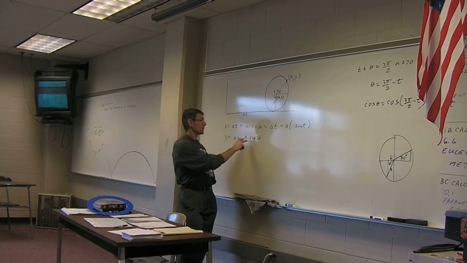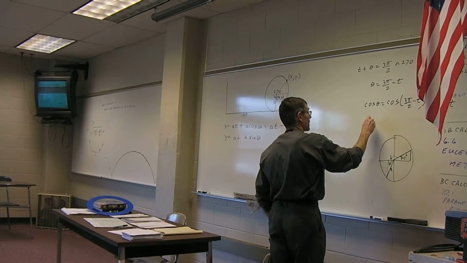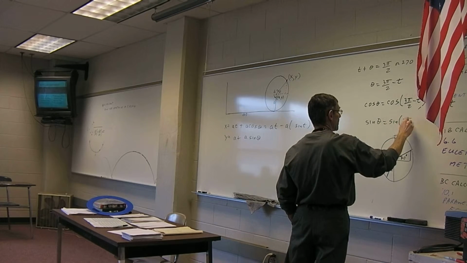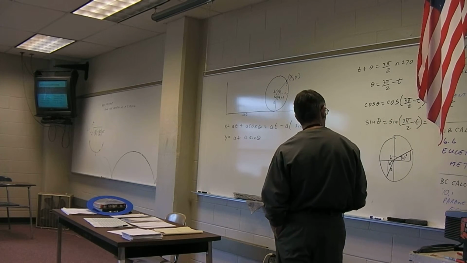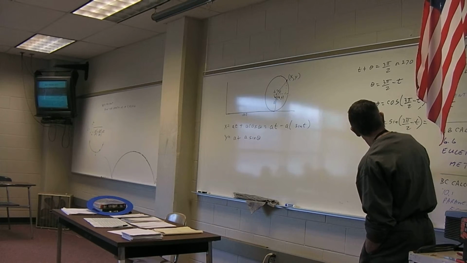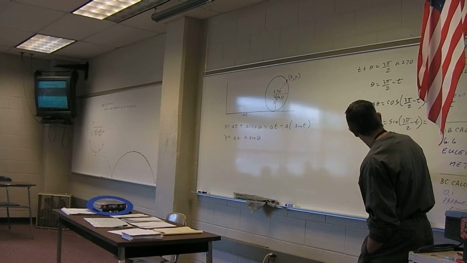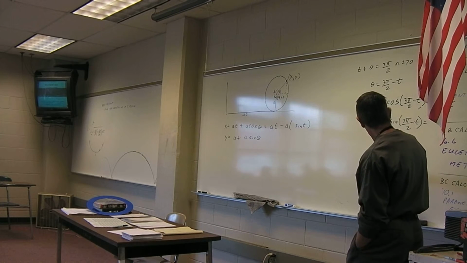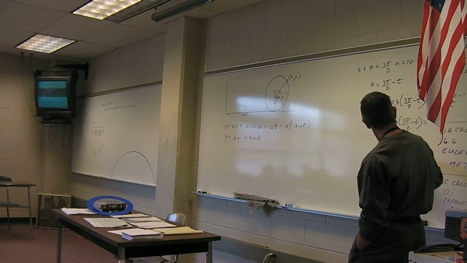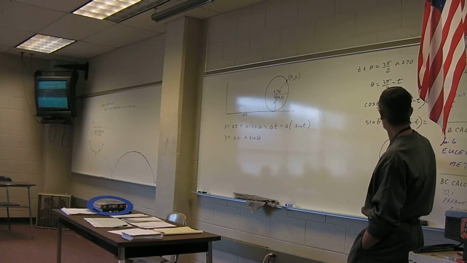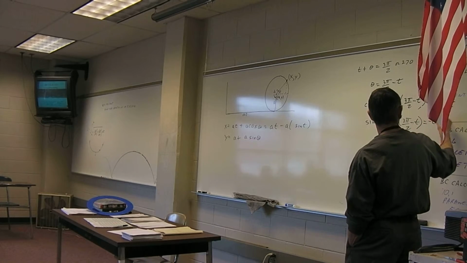And we can do the same thing for the sine of theta. The sine of theta would be the sine of 3 pi over 2 minus t. If I took the sine of this triangle, it would be this side here, y over hypotenuse. To get the same answer up here, I have to take the cosine of that, and again it would be negative. So negative cosine of t.